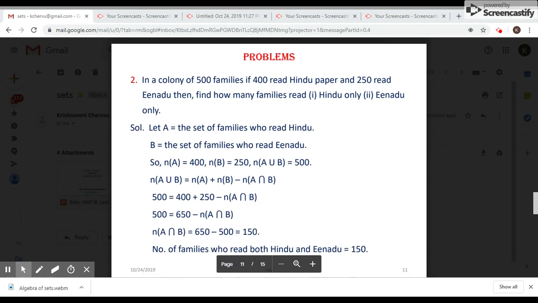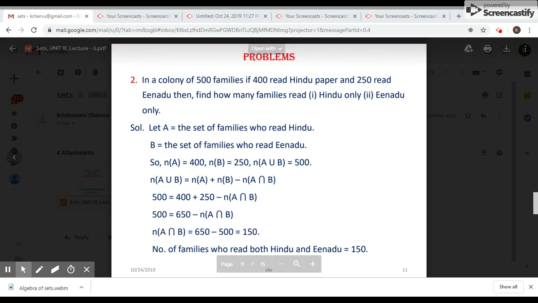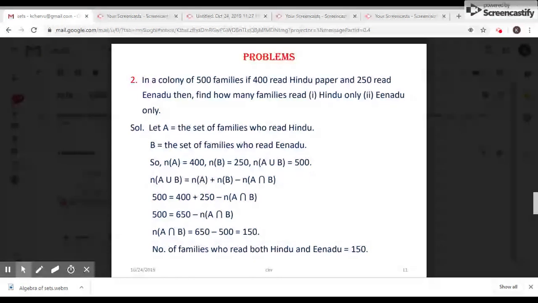Now, coming to the next problem. In a colony of 500 families, if 400 read Hindu newspaper and 250 read Inadu newspaper, then we need to find out how many families read only Hindu paper and only Inadu paper. Let us denote A as the set of families who read Hindu paper, B the set of families who read Inadu paper.